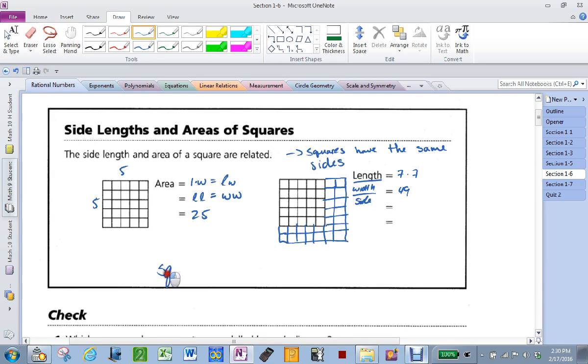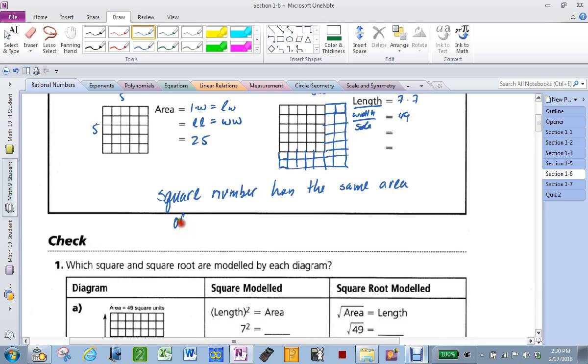So, here's what we need. A square number has the same area of a square shape.